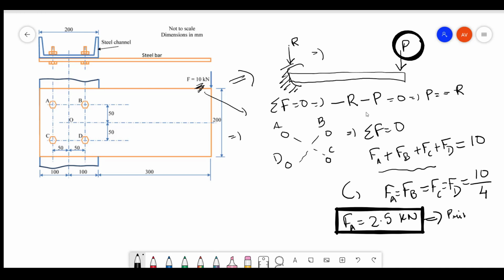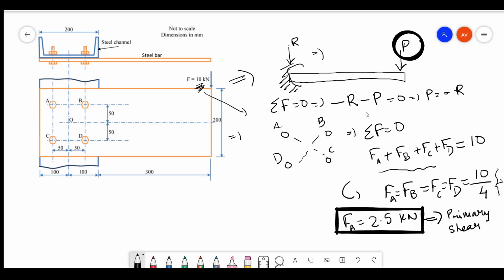Okay, so this is your primary shear. Primary shear, as it was shown in the previous slide, is the total load divided by the number of bolts. So this is how you actually get that formula. Now why do we call it shear?